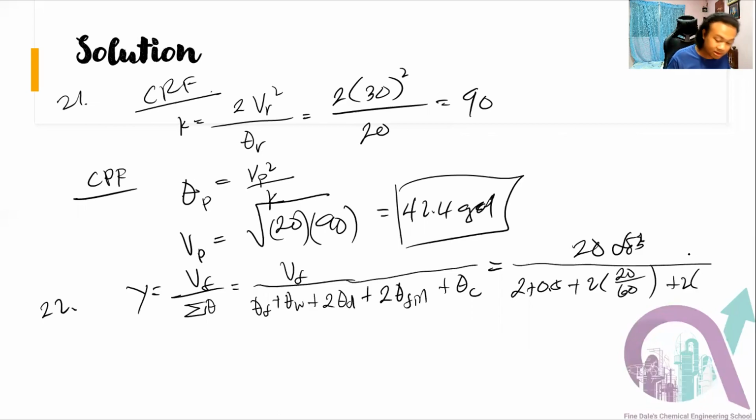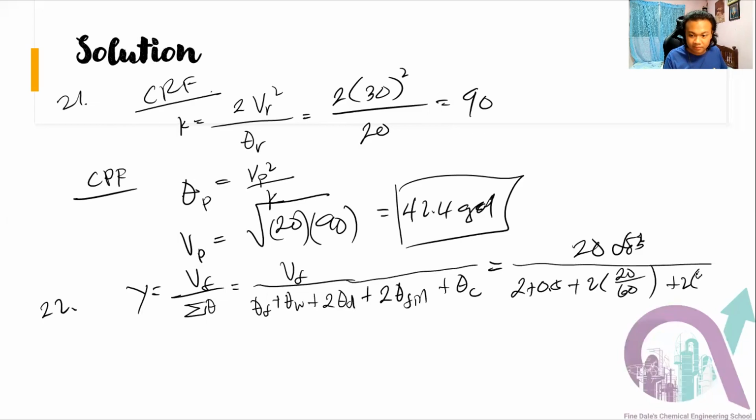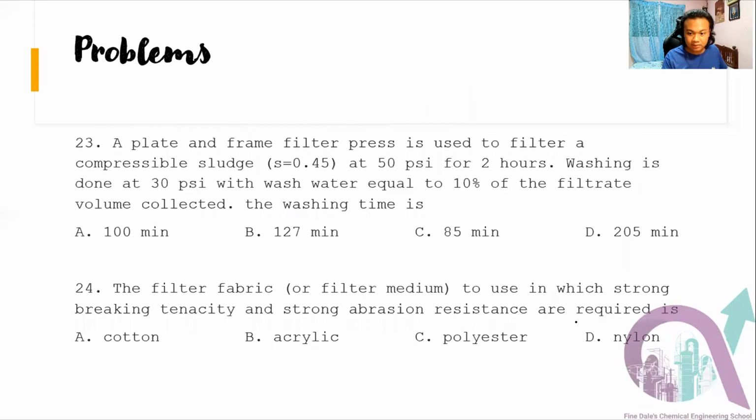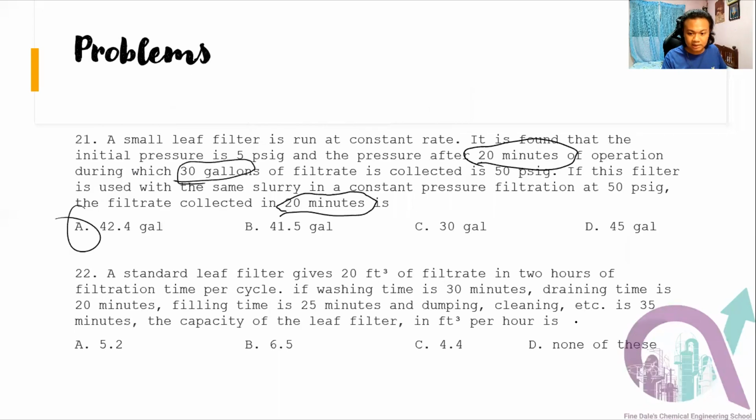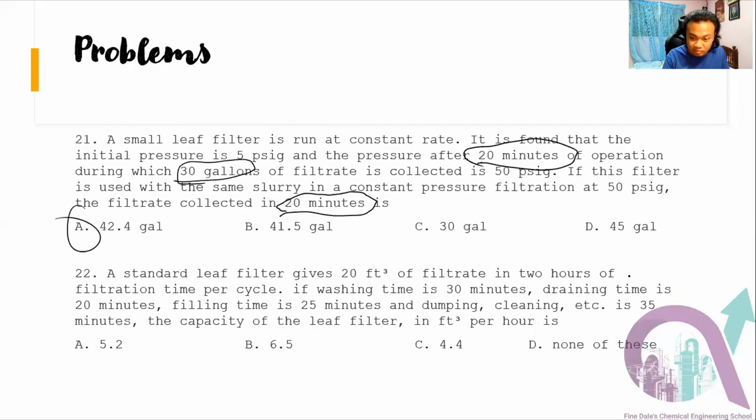You have 25 over 60 plus 35 over 60. Right? Okay, so cleaning time is 25 minutes, draining and filling is 35 minutes.